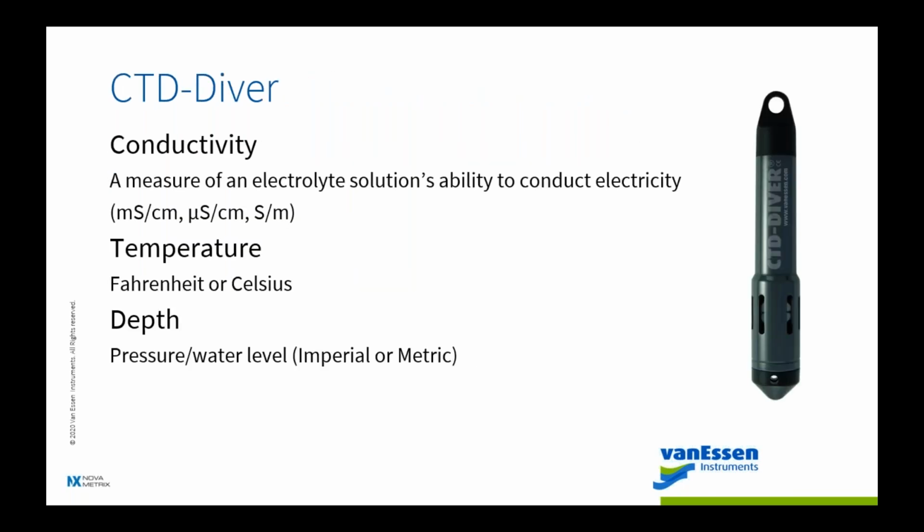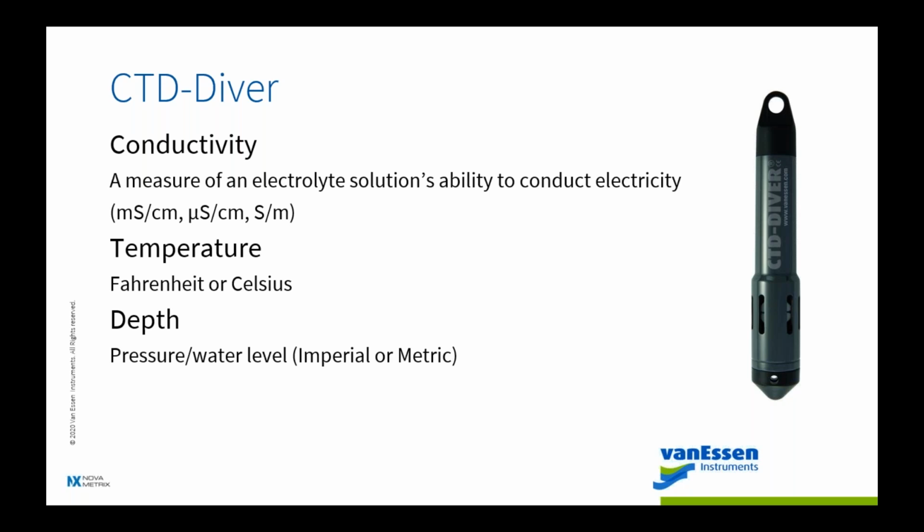What is the CTD-Diver? Well, it's a unit that adds the only other parameter outside of temperature and depth, and that is conductivity. Conductivity is a measure of an electrolyte solution's ability to conduct electricity. Our available units of measure within the software under preferences are millisiemens per centimeter, microsiemens per centimeter, and of course Siemens per meter.